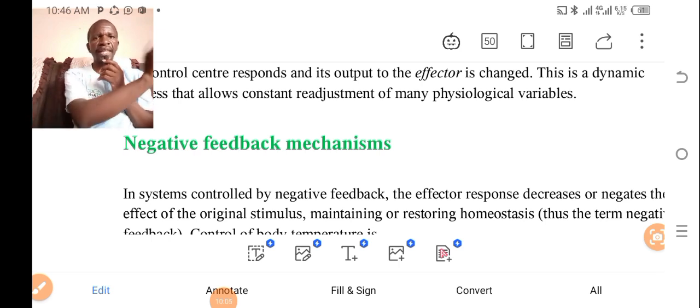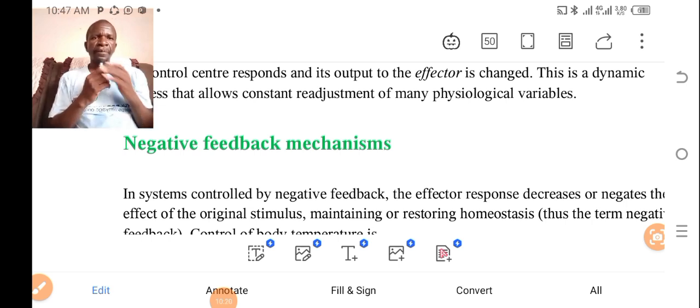The signals are sent to the control center, which is in the brain, right? The information is evaluated and integrated, and an output or the feedback is sent back to the effector organs. So this is where the negative feedback mechanism kicks in.